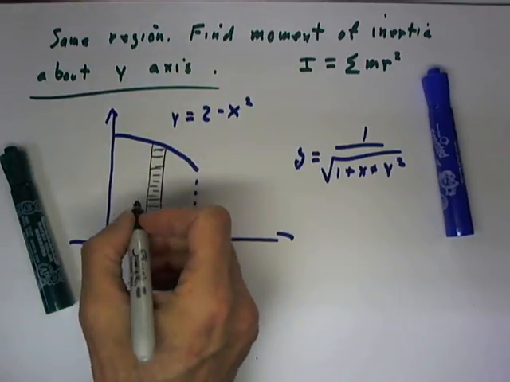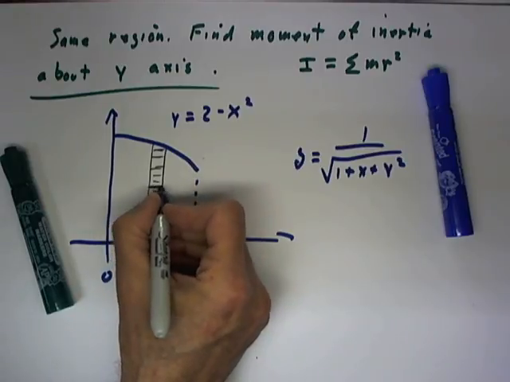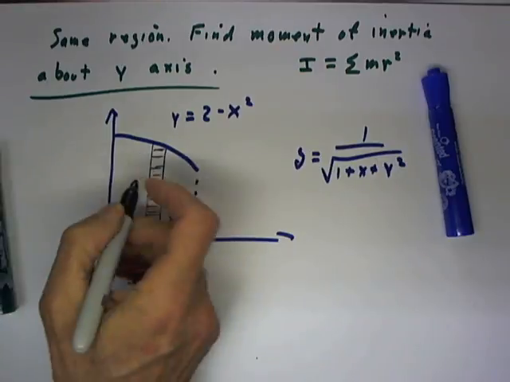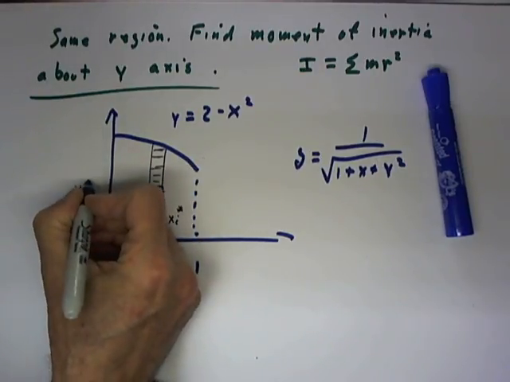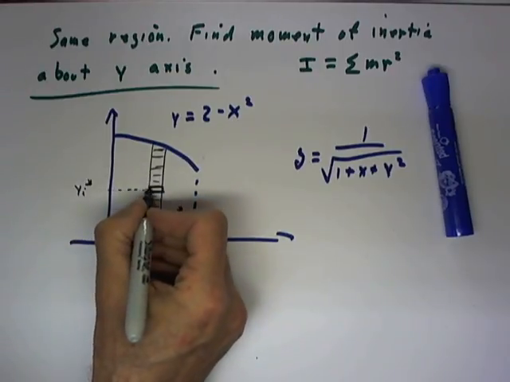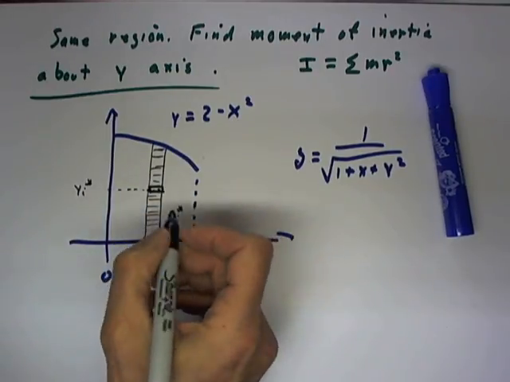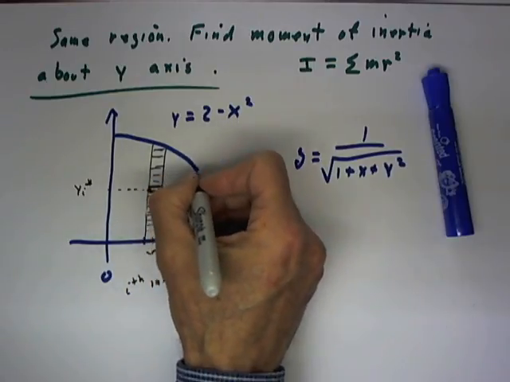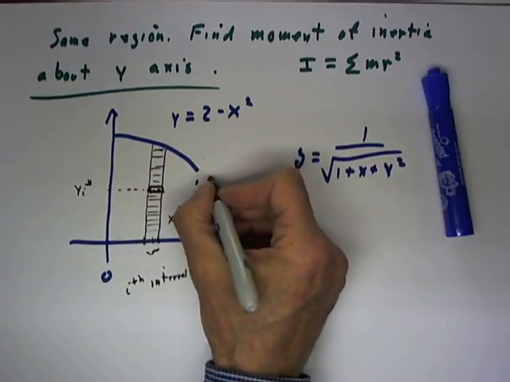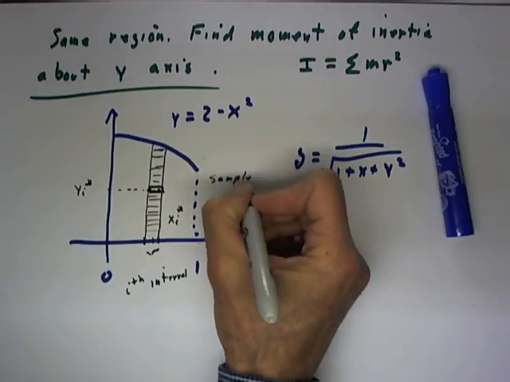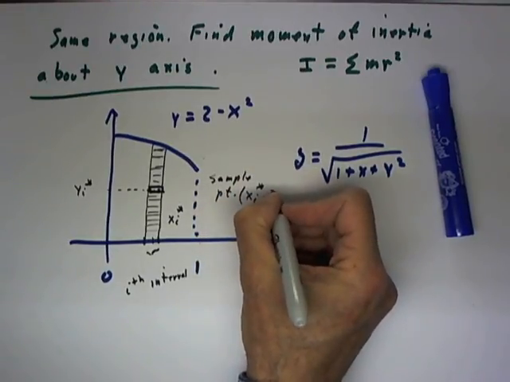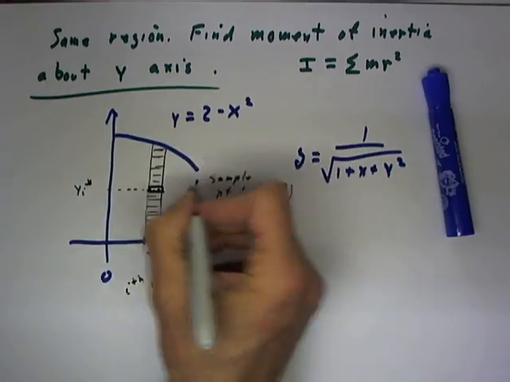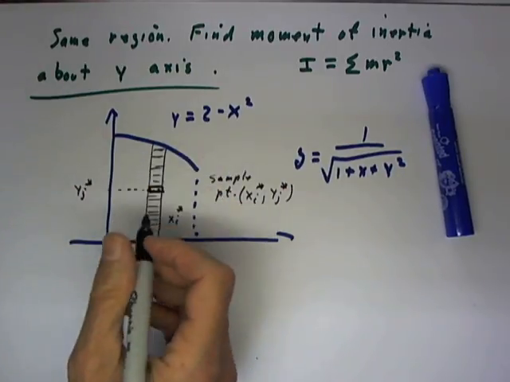This leads us to a typical interval, or typical region, where we're going to have a y sub j star sample point and an x sub i star. So we have, in the typical region, sample point xi star, yj star, and that's yj, not yi.